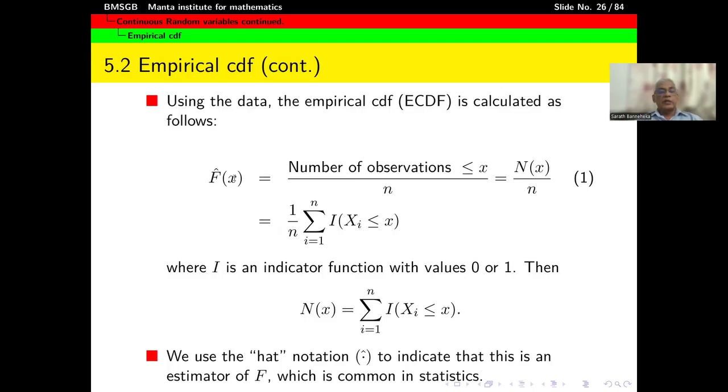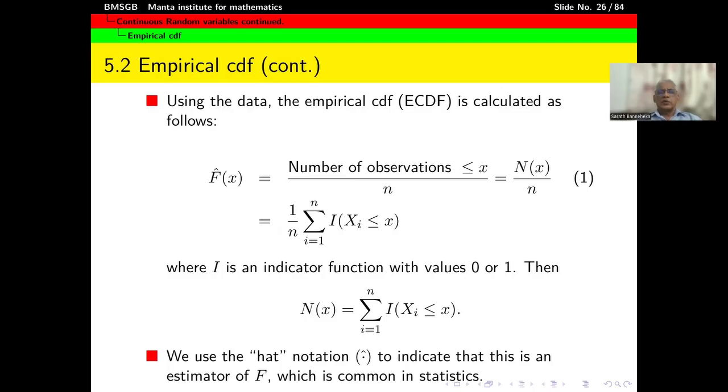Then if you take x to be any number greater than or equal to the first order statistic but less than the second order statistic, the number of observations less than or equal to x will still be 1. For example, if you are considering a continuous random variable, usually these x1 up to xn are going to be different values. Very rarely will the same number occur twice.